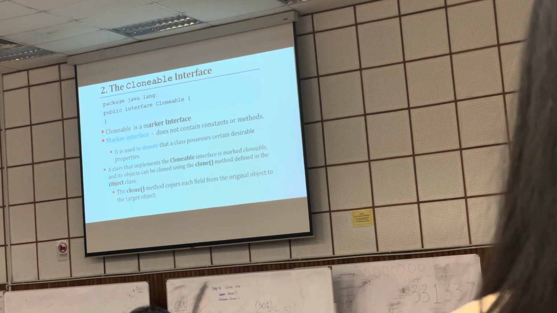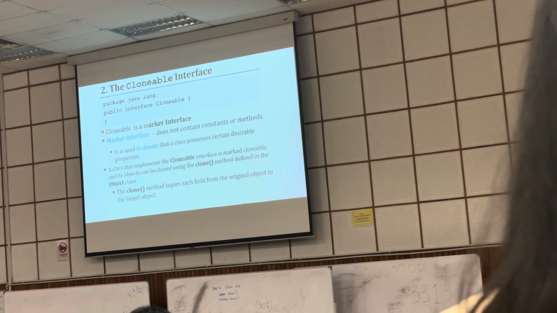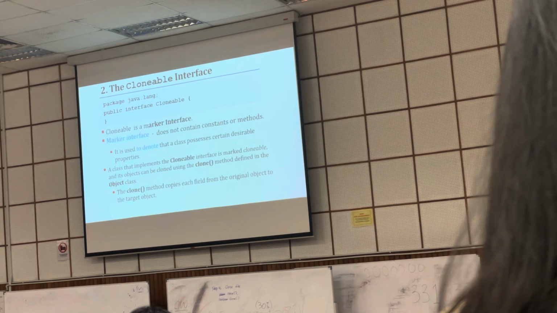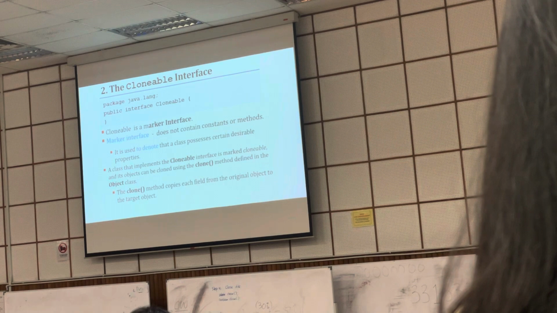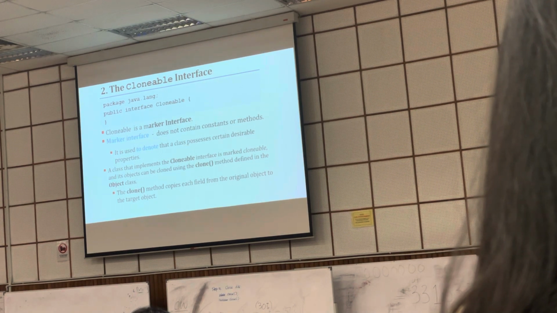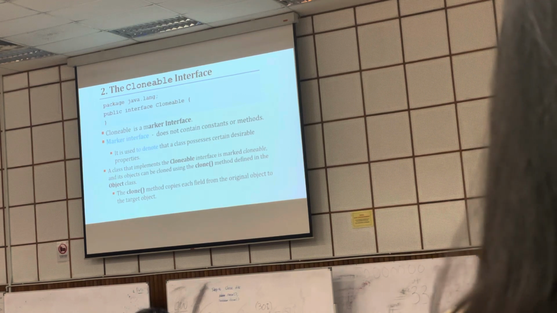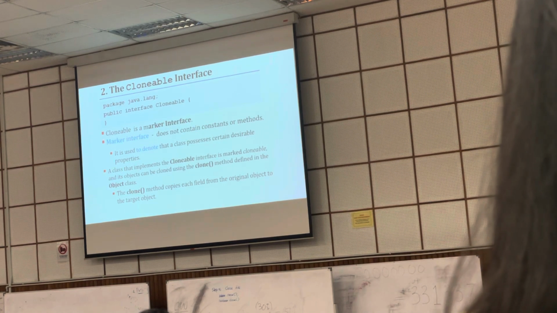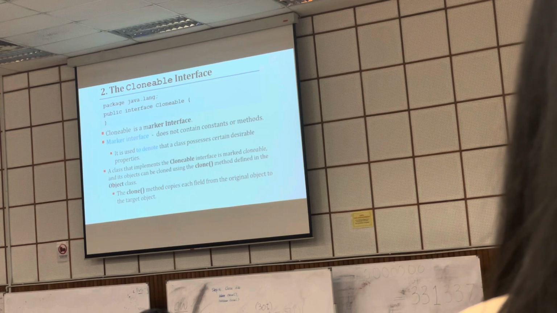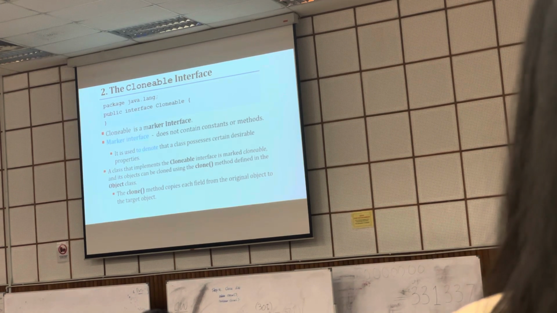But if you implement this interface, you can use the clone method which exists in the Object class. So if you implement this interface, you are allowed to use the clone method from the Object class.